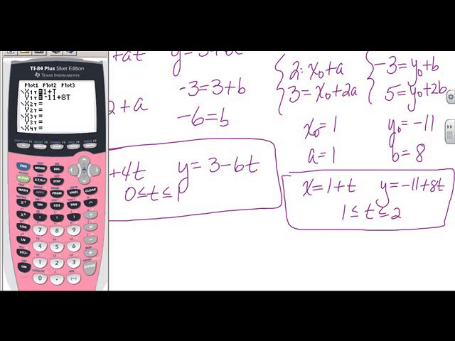Okay, now that's not all fitting on the screen, but if I calculate the value when t is 1, I get the point 2, negative 3. And if I calculate the value when t is 2, there we go, we got the point 3, 5, so we know that works.